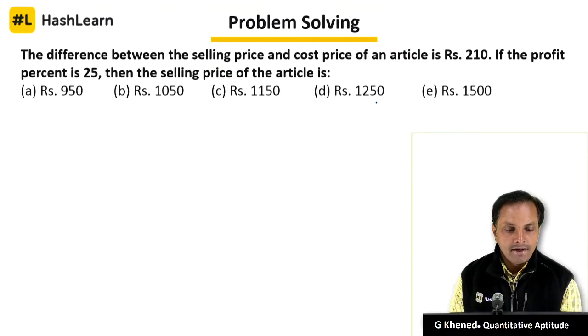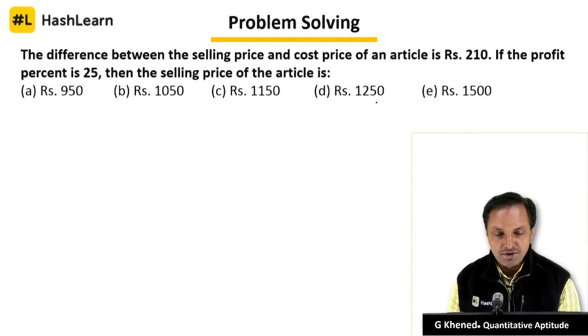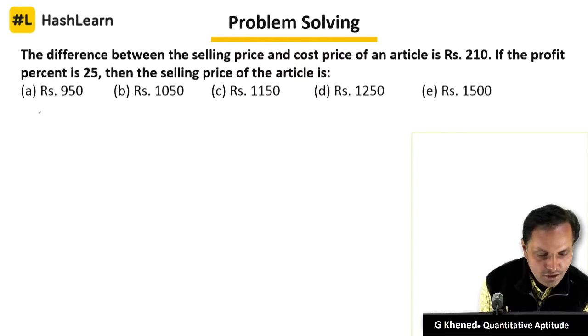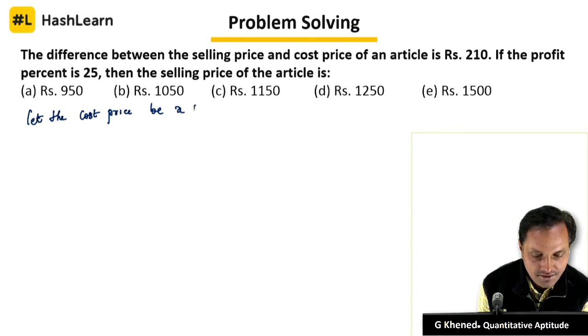The difference between the selling price and the cost price of an article is 210 rupees. If the profit percent is 25%, then what is the selling price of the article? Let the cost price be X rupees.